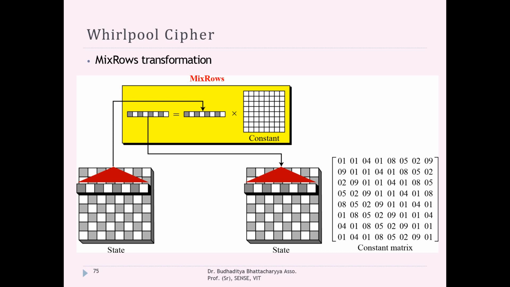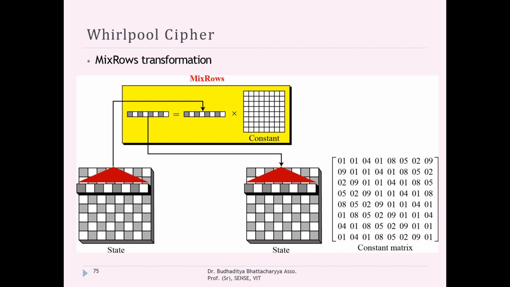If you observe closely, this matrix is also following the same way as in AES. 1, 9, 2, 5, 8, 1, 4, 1. Next one, 1 goes shifted here: 1, 1, 9, 2, 5, 8, 1, 4. 4 goes up: 4, 1, 1, 9. So it is basically the same structure as that of AES.